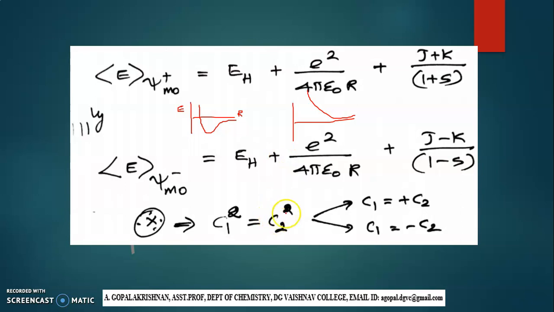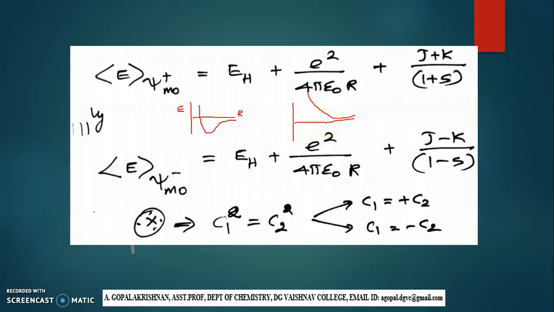By taking that assumption, we got two possible results, that is C1 equal to plus C2 and C1 equal to minus C2. By keeping these optimal values of C1 and C2, we derived these expressions.